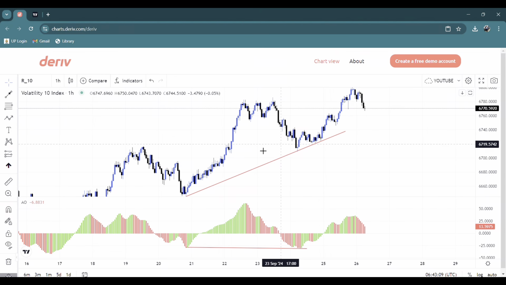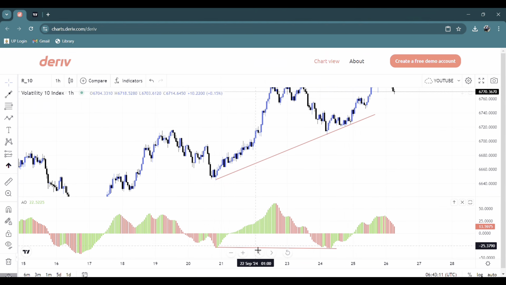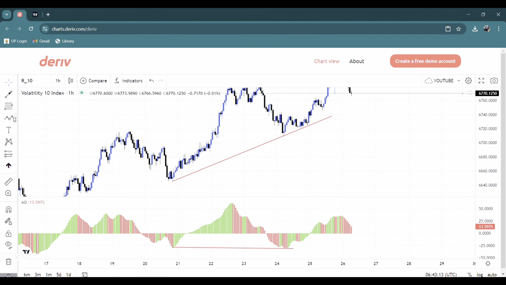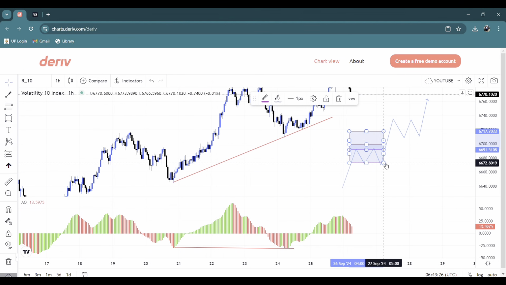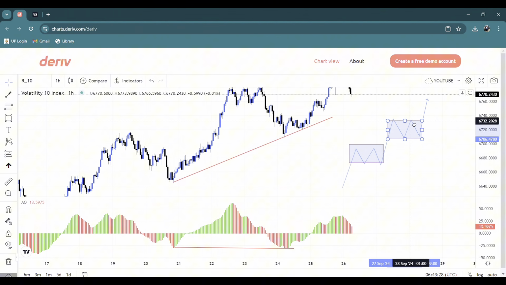So as explained, hidden divergence is mostly found in trending markets, and it's for trend continuation. So when you have your situations of rally, base, rally, you see, when you have a trending market, that's when you're most likely to find your hidden divergence.